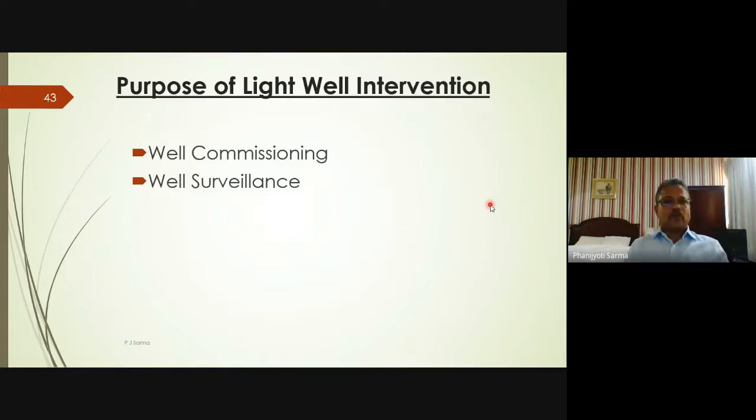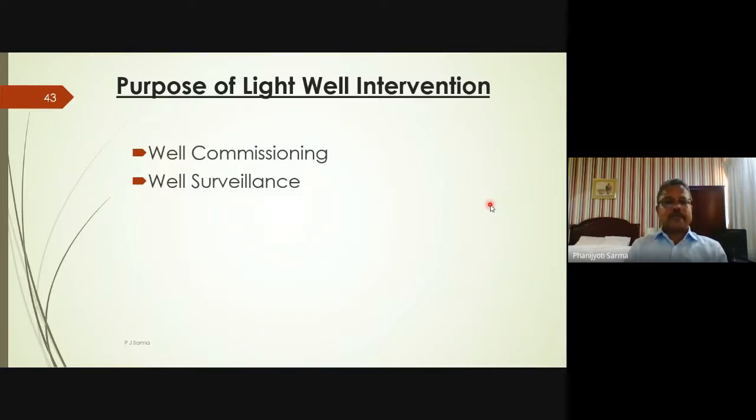So we need to carry out surveillance activities in order to gather data. How is my formation behaving? What are the different parameters, and the changes in parameters? So we need to carry out a lot of well surveillance activities. Say, for example, we are completing a multi-zone completion and producing simultaneously. Suppose water production is an issue or gas breakthrough is an issue.